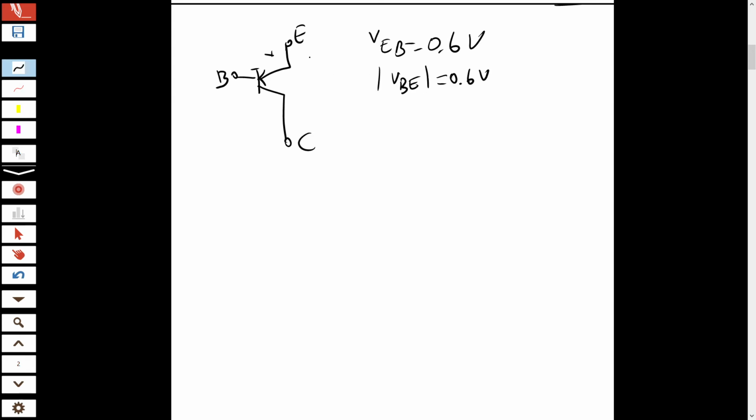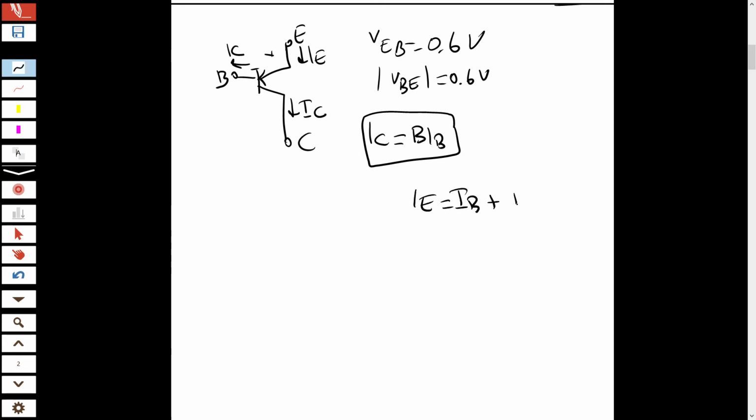Here emitter current comes in, base current comes out, and collector current comes out. The current relationships are the same. Still collector current equals beta times IB, and still emitter current equals IB plus IC.